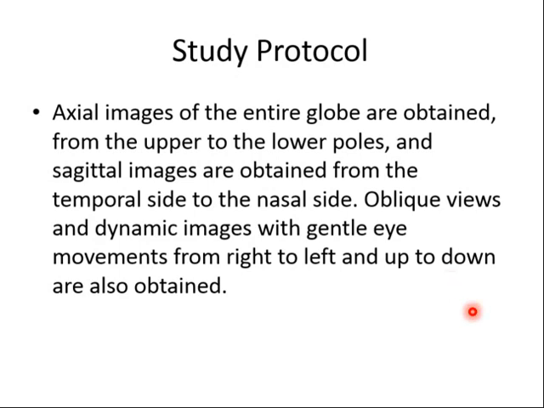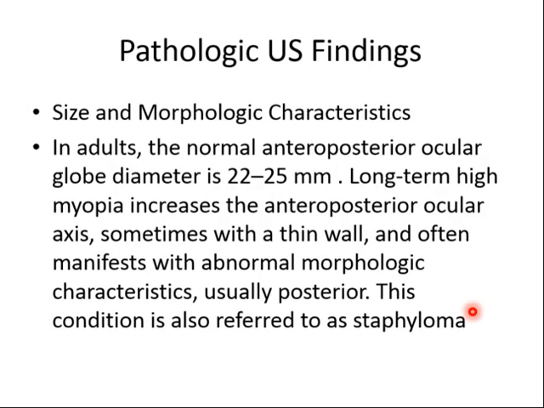Some pathology that I will discuss. First, ultrasound gives information about the size and morphological characteristics of the eye. In a normal adult, the anteroposterior diameter of the globe should be 22 to 25 millimeters.